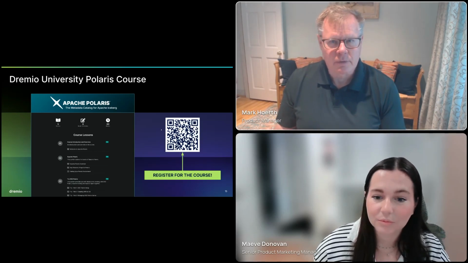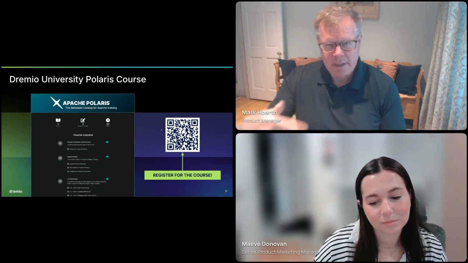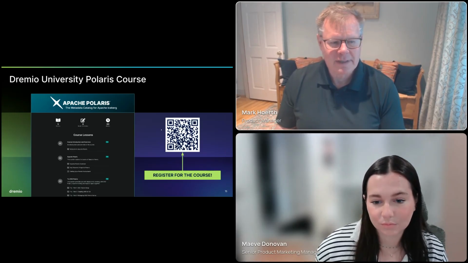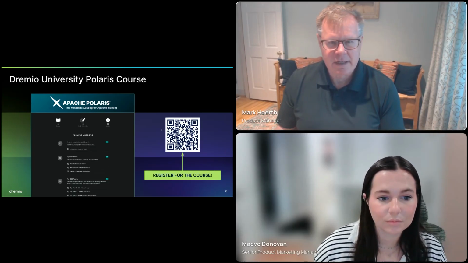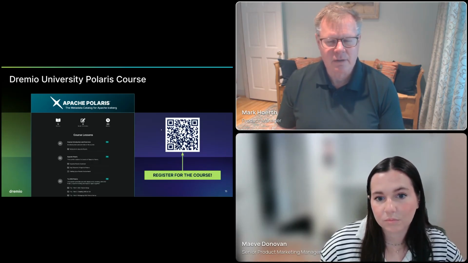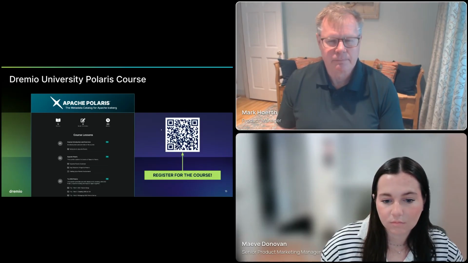Dremio also supports OAuth tokens for access through the Iceberg REST API. So you can obtain a token from your IDP, exchange that for an OAuth access token from Dremio in order to get access to all of the Iceberg REST APIs. So in a couple of different ways, we've integrated your favorite IDP into authenticated Iceberg users.